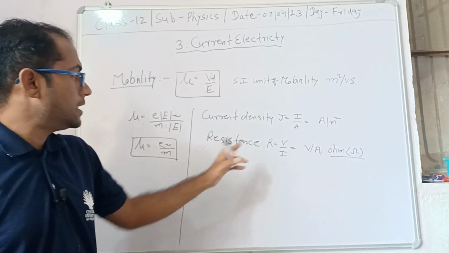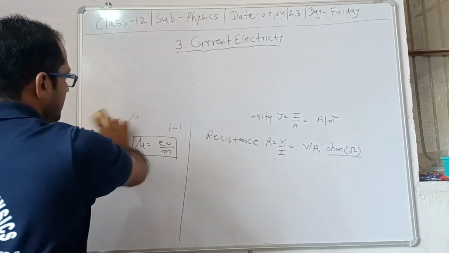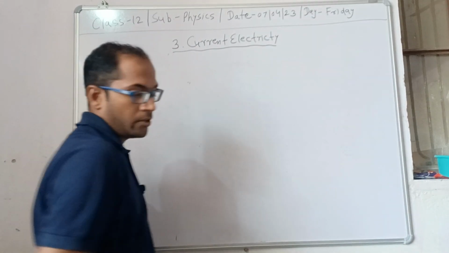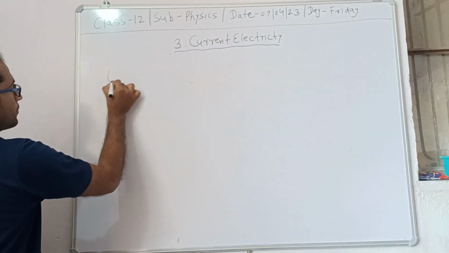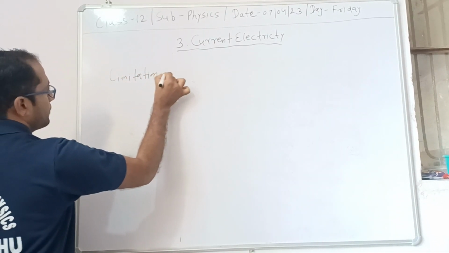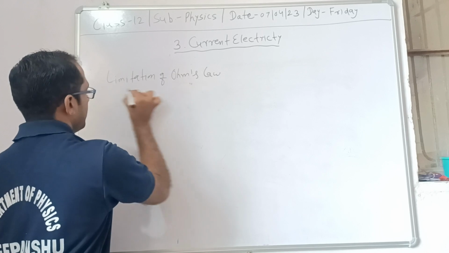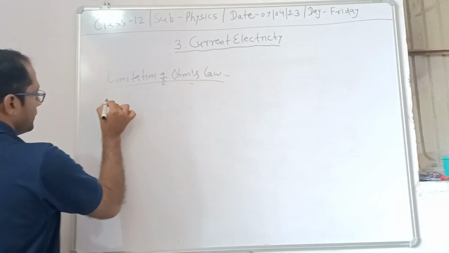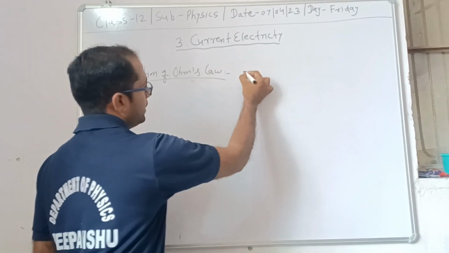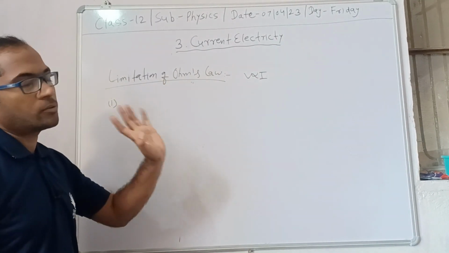Basically, Ohm's law, V proportional to I, does not hold for all conducting materials and all types of material in this world, so it has some exceptions. The first limitation of Ohm's law is that in each and every case V is not exactly proportional to I.